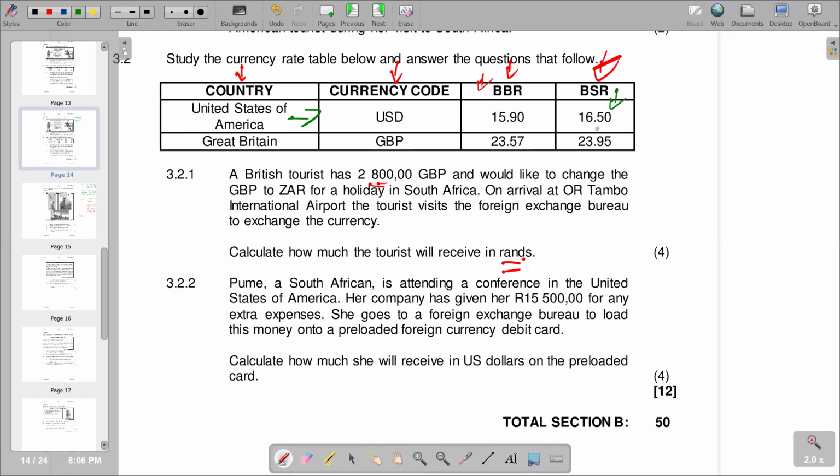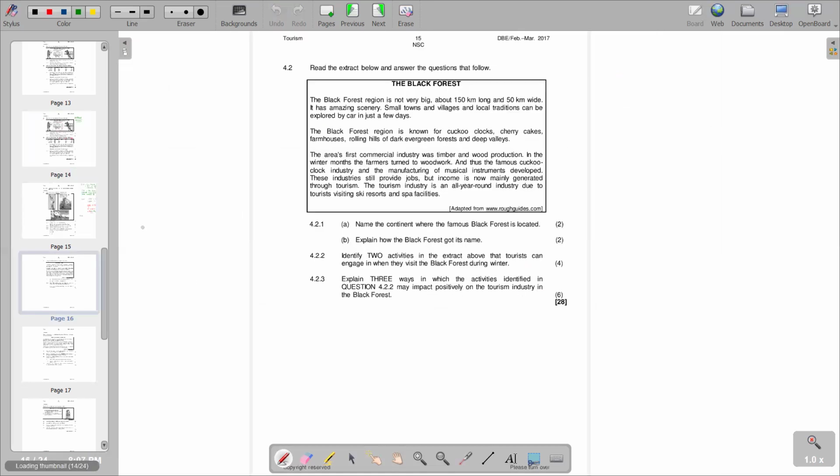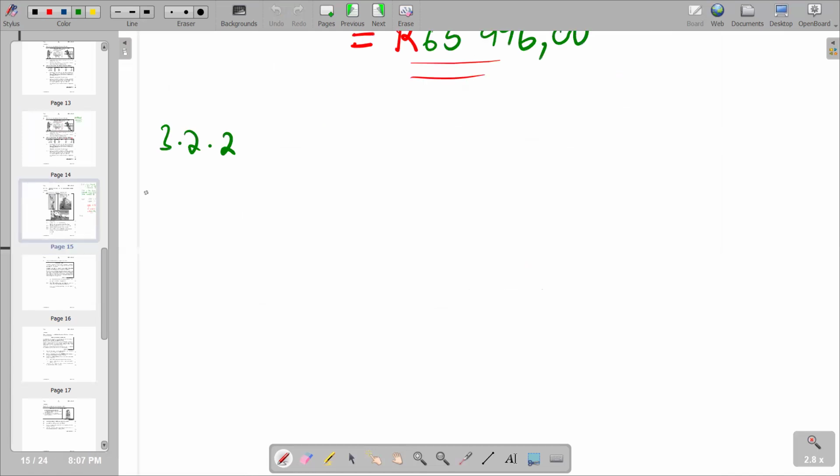This column represents the selling rate, and it is given as 16 rand 50. So we make a proportion by saying $1 US is equal to 16 rand 50, or 16 rand 50 is equal to $1 US.